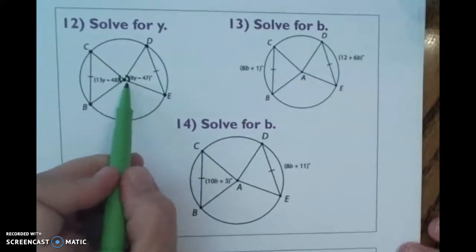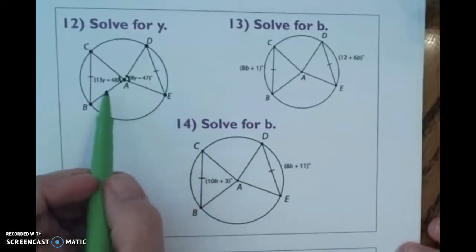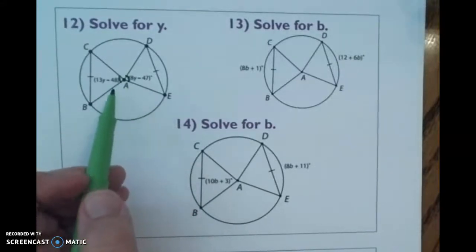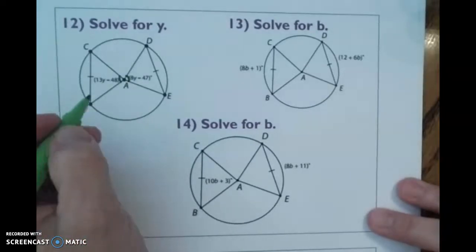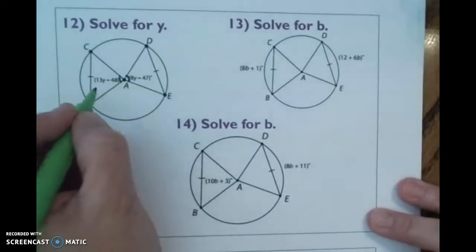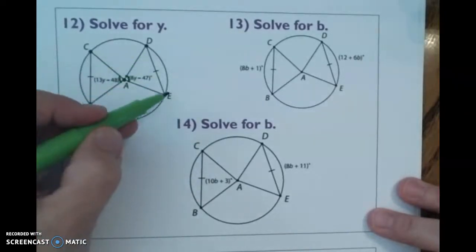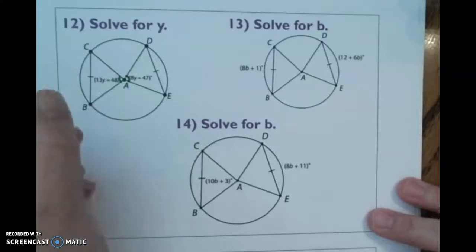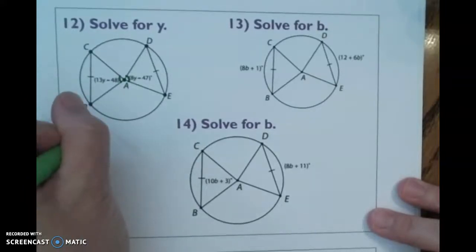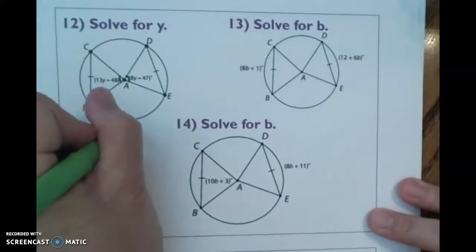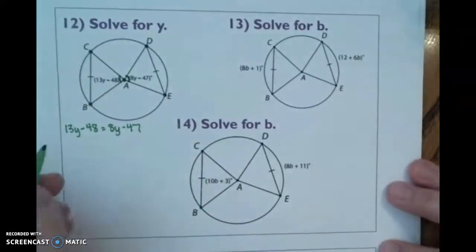So I have 2 central angles. And if you can remember back to Math 2, these are vertical angles, and vertical angles are congruent. These 2 line segments being congruent also plays a part in that. So you're simply just going to take this 13y minus 48. We're going to set it equal to 8y minus 47, and we're going to solve that.